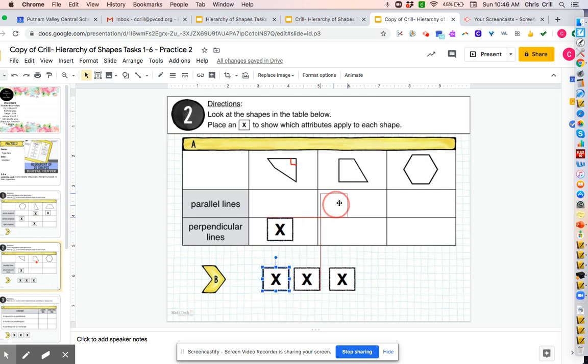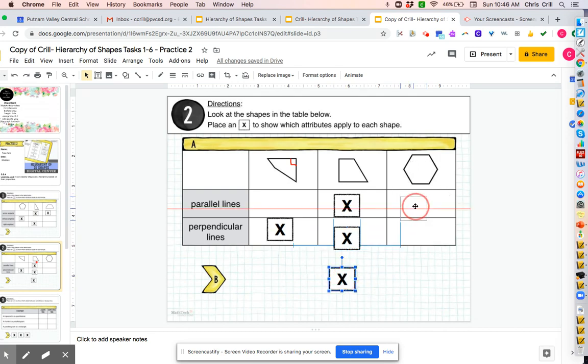So this shape has both parallel lines and perpendicular lines. We have some right angles and some parallel sides. This hexagon does not have any right angles here, so there's no perpendicular sides, but it does have 3 sets of parallel lines. So parallel, parallel, parallel.